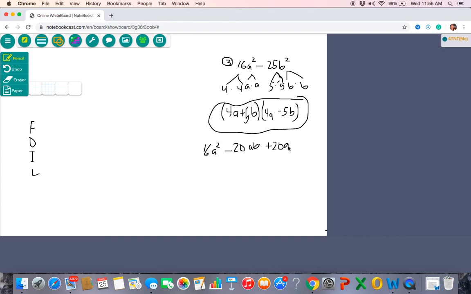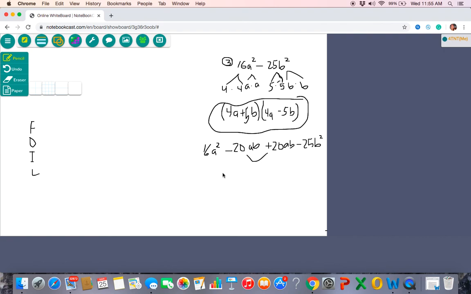I can rearrange ab. ba and ab are the same. Remember that? And then positive 5b times negative 5b is negative 25b squared. So now I'm going to bring together like terms. These two cancel each other out, because a negative 20ab plus a positive 20ab is 0.